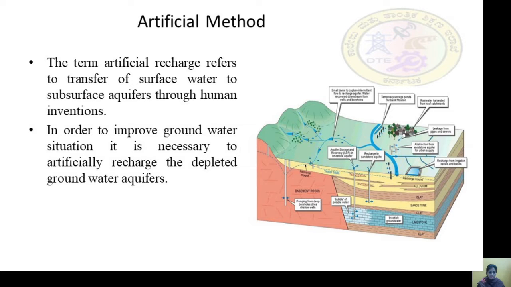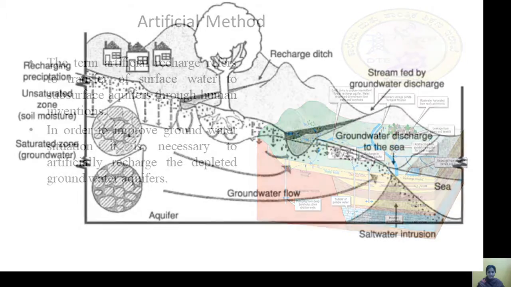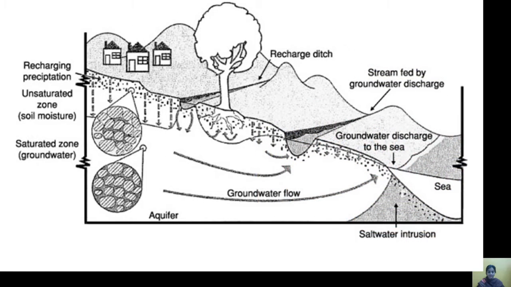In this picture, you can see various surface waters. By using various methods, this surface water is reaching the groundwater table so that it will increase the groundwater table. This is also the picture where a recharging ditch is done.